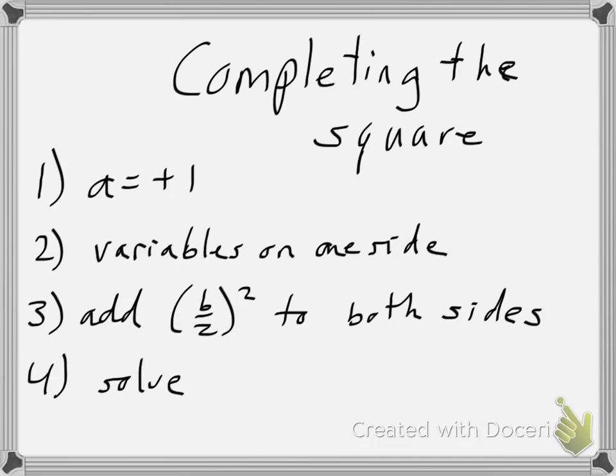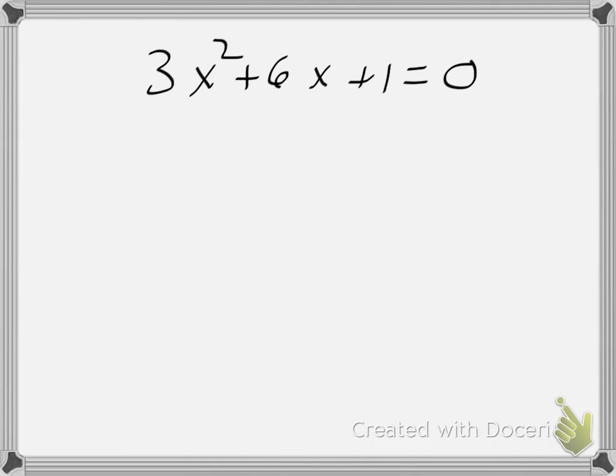Now what that means is, remember we're talking about a quadratic equation, so something in the form ax squared plus bx plus c equals 0. So when we refer to a, that means the leading coefficient should be positive 1. There's my example here.